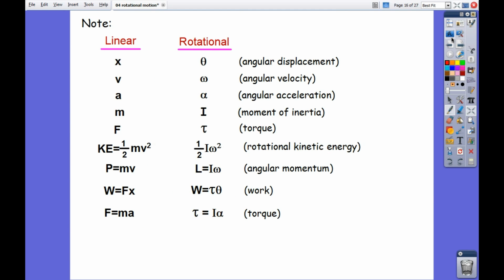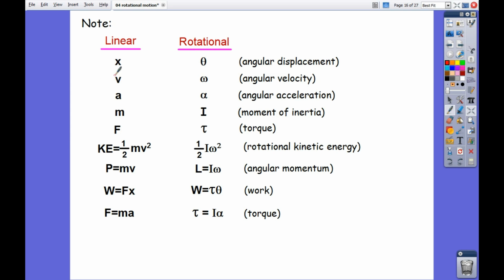Next, here we have several rotational quantities that are similar to linear quantities but are not the same at all. In linear we have displacement, in rotational we have theta, angular displacement.